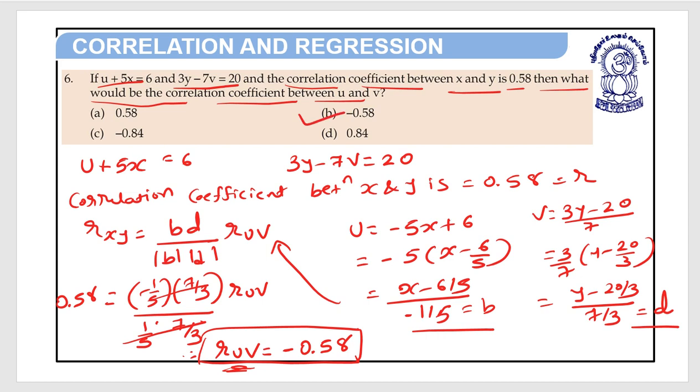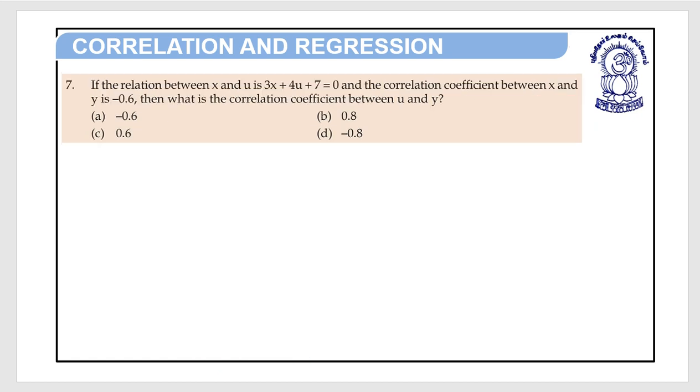Okay. Now question number 7. If the relation between x and u is 3x plus 4u plus 7 is equal to 0, and the correlation coefficient between x and y is minus 0.6, given rxy, then what is the correlation coefficient between u and y?